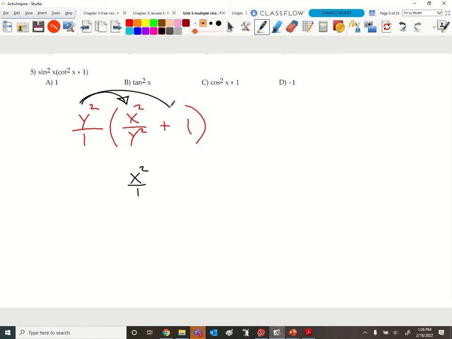Now, I'm distributing to the next one over here. When I distribute over there, what am I going to end up getting? Y squared, right? So it's a plus y squared over 1. Now, this is where that little light bulb comes on. You're like, whoa, what is that?